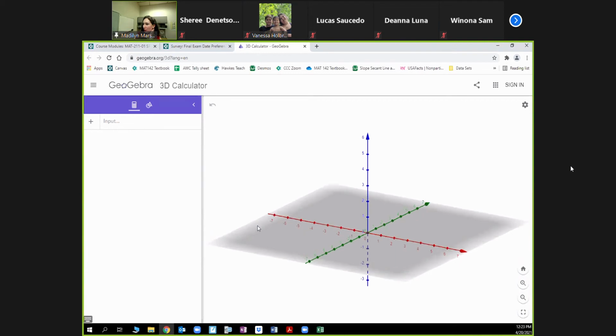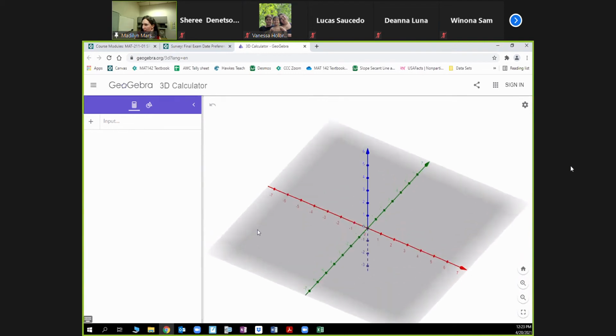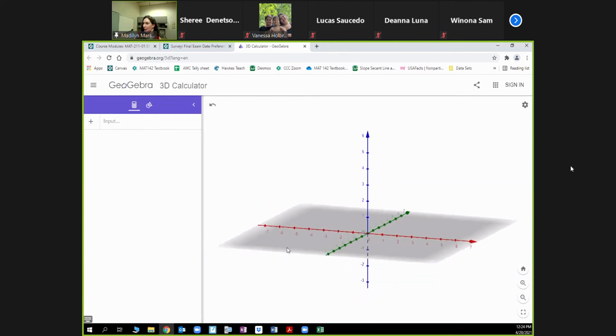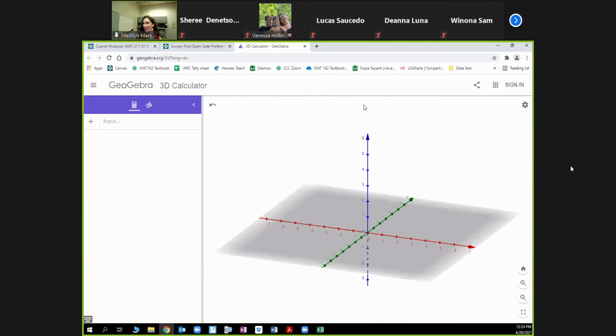So one thing I want to note first, these red and green axes are the X and Y axes, and they're not actually labeled right now, but we'll find out what they are in just a minute. And then that green or blue axis going straight up and down is our Z. So this gray surface here would be like the piece of paper that we normally draw X and Y axes on.